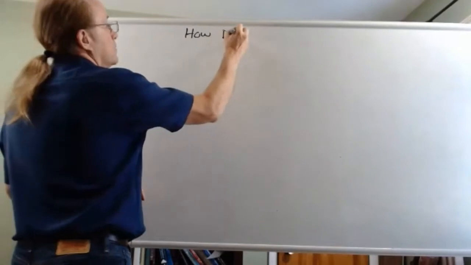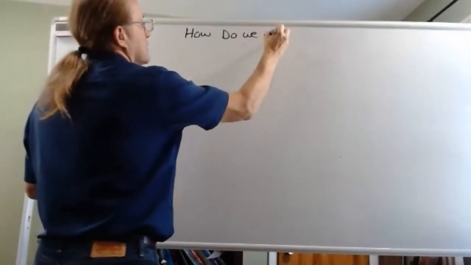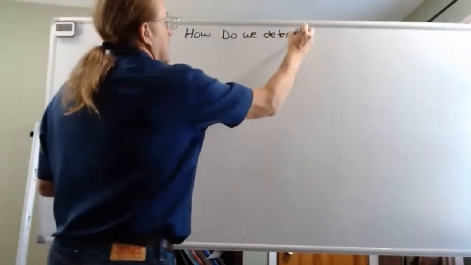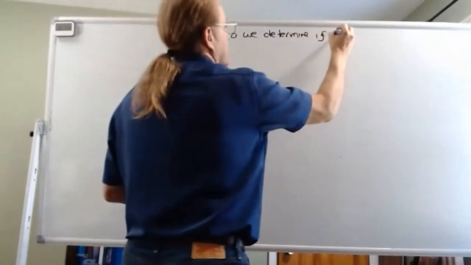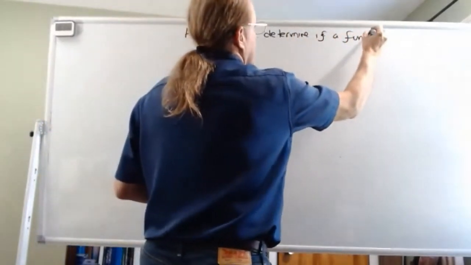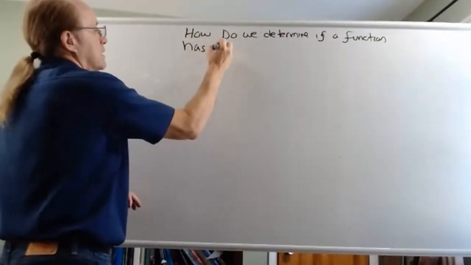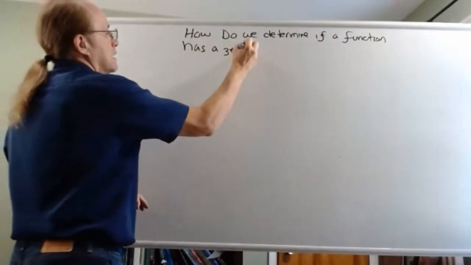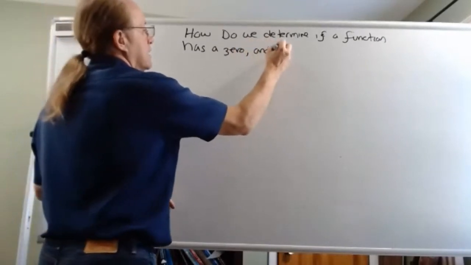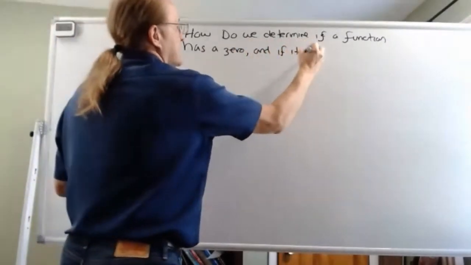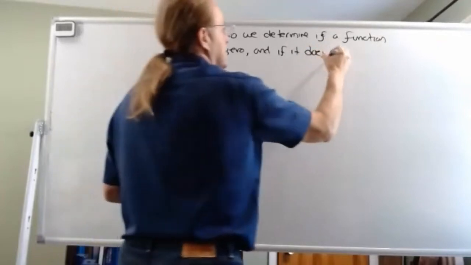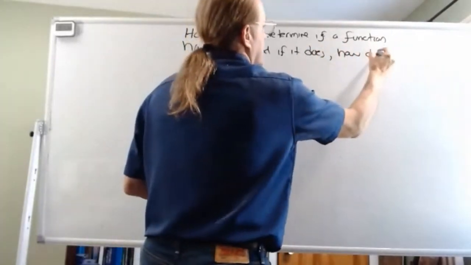How do we determine if a function has a zero, and if it does, how do we find them?